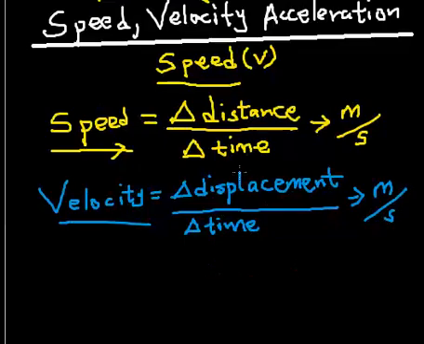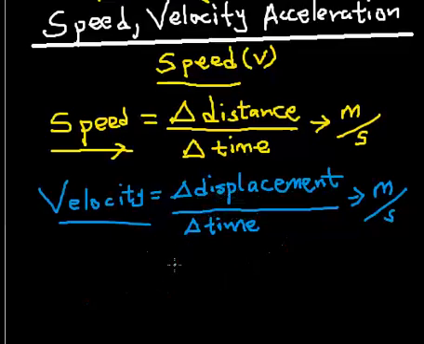For velocity, the distance is measured as displacement. Displacement is different from distance in that displacement is a vector quantity. In fact, displacement is a distance in a specified direction.